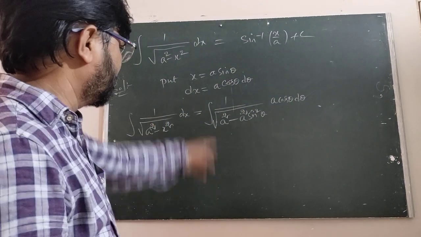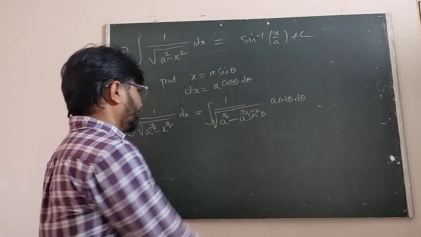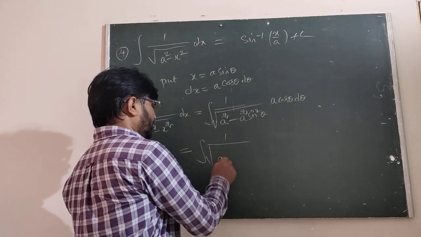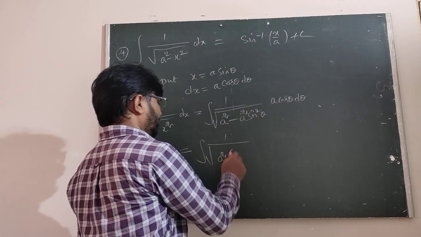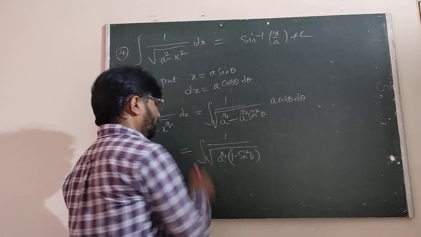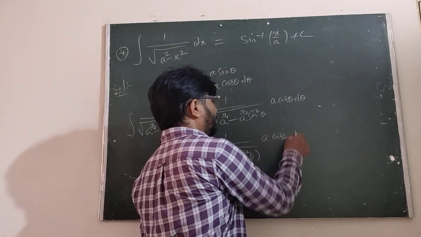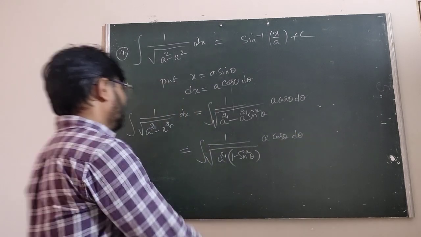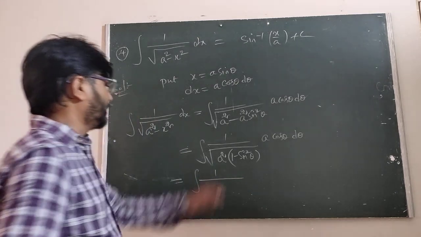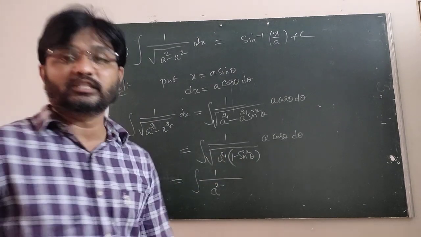Now the common term in the denominator is a square. So the integral is 1 by under root a square, times (1 minus sin square theta), into a cos theta d theta.